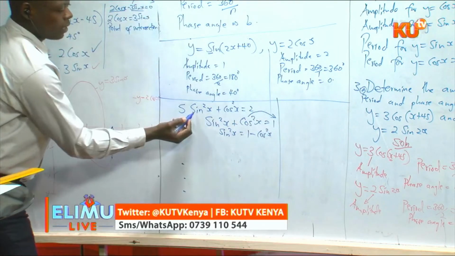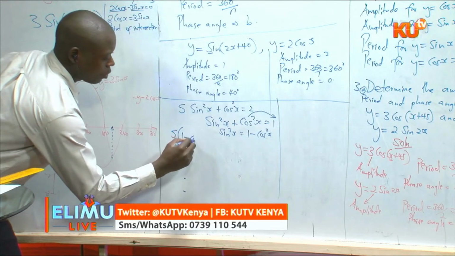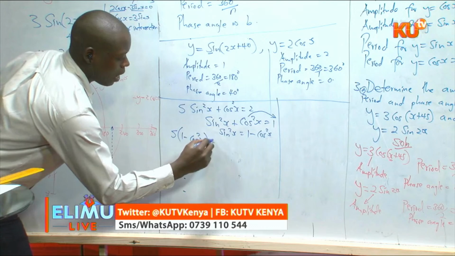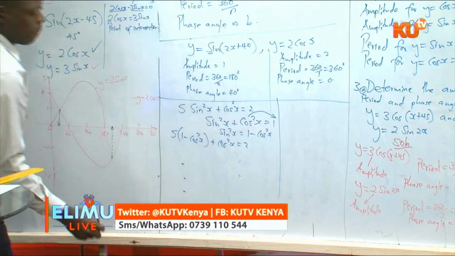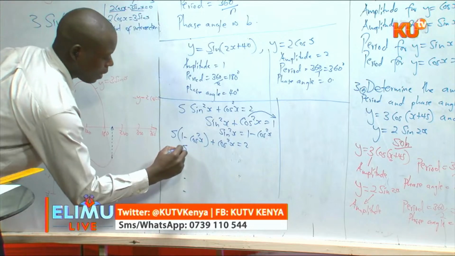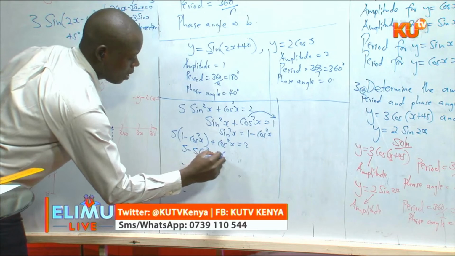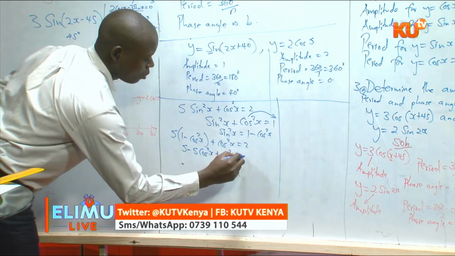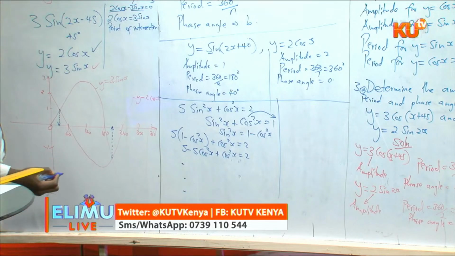And so I will replace it here and have 5 into (1 less cos squared x) add cos squared x equal to 2. By expansion, this is 5 less 5 cos squared x add cos squared x is equal to 2. Then collect the like terms.